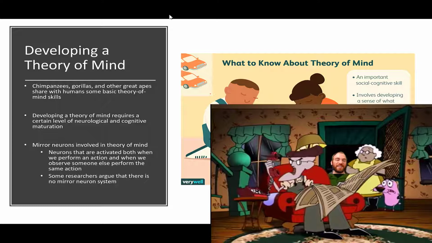Many neuroscientists dispute this mirror neuron system, but that's the general theory. In general, I would say that many, if not most, neural research suggests that that's not the case. But it was presented in the book, so I've included it in the slides.